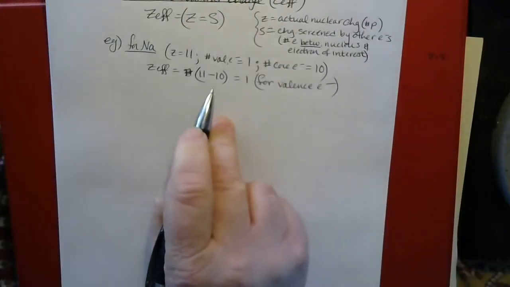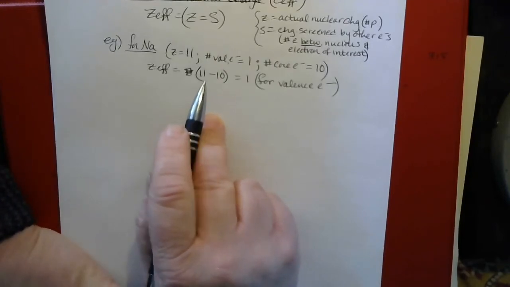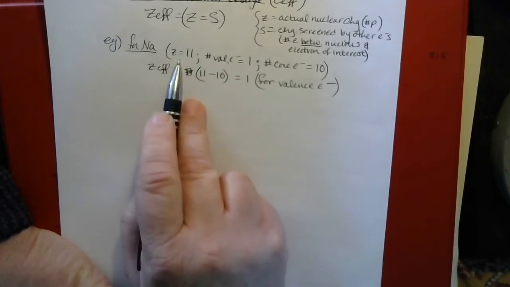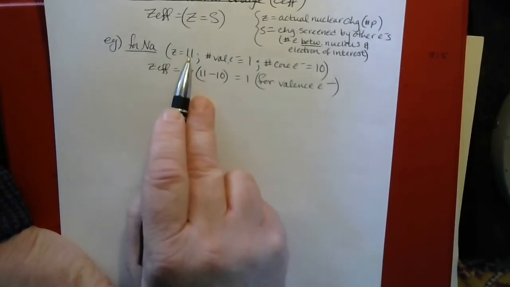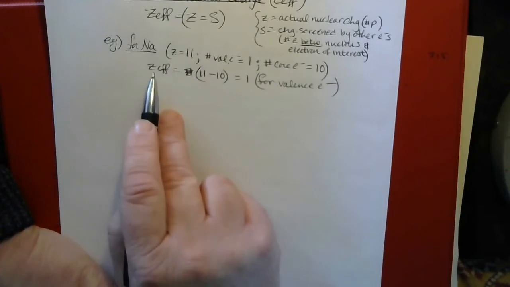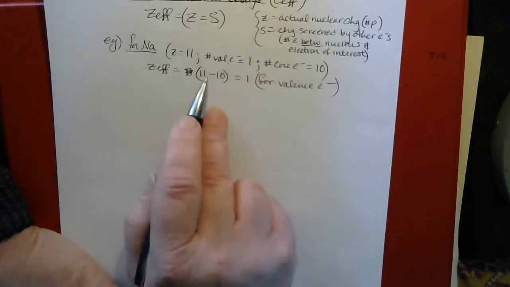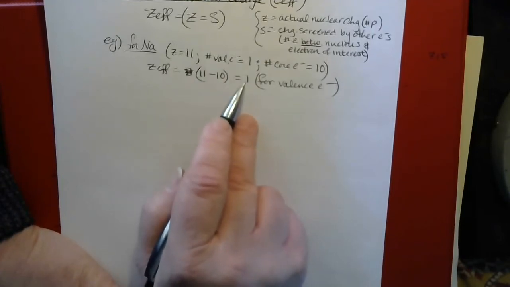Which just means that basically if you're talking about one of the first shell electrons, that is an electron that has nothing between it and the nucleus, then the nuclear charge that the first shell electrons experience would be the full 11. But by the time you get out to the valence shell, you've got so many electrons between the valence shell and the nucleus that hardly any of that nuclear charge is left.